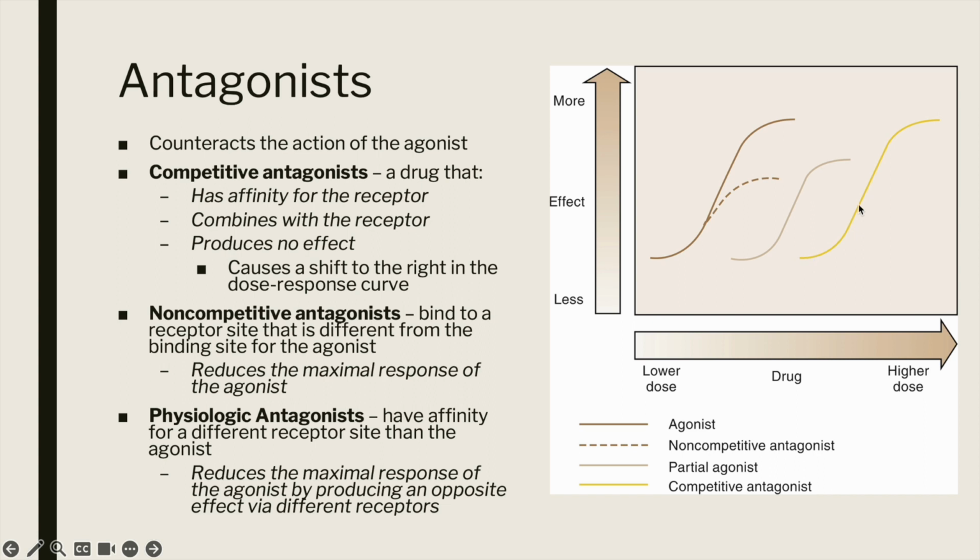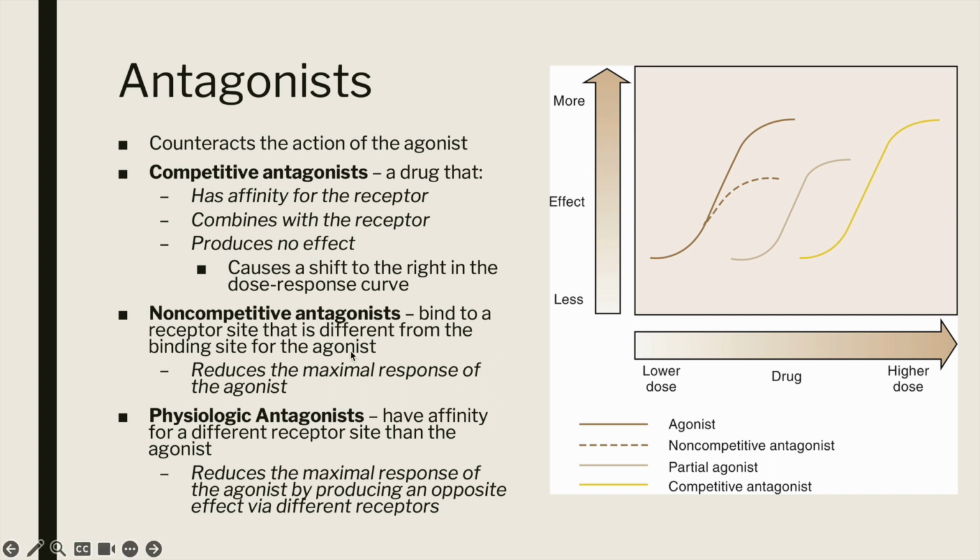So we're going to need a higher dose of our agonist drug in order to produce the same effect. A competitive antagonist shifts things to the right, meaning we need a higher dose of that original drug in order to exert the effect.